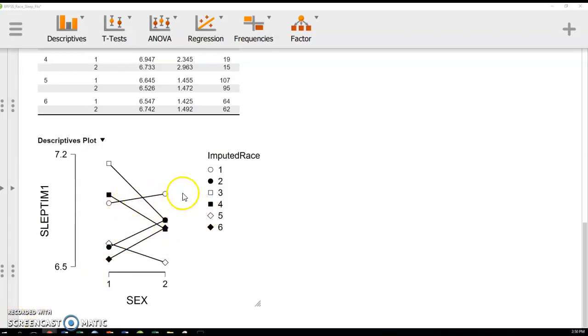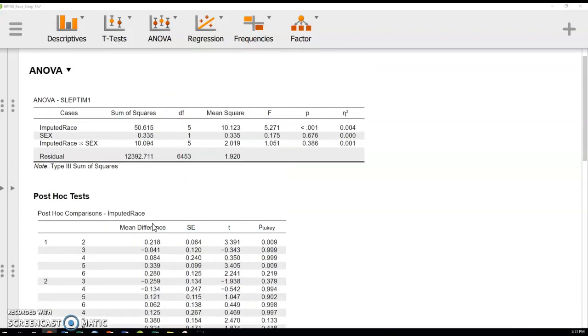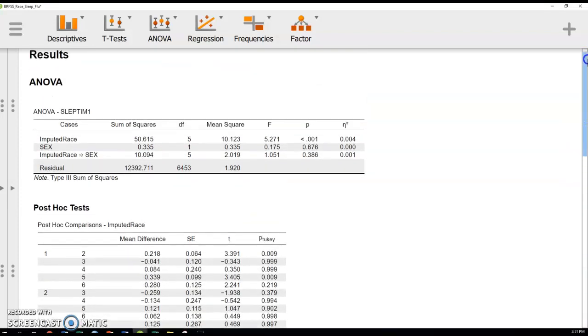I might also notice that for whites, it doesn't seem to matter too much if you're male or female. You get about the same amount of sleep, but for some of the other races, it really does matter, male or female. So overall, this is the 5th thing you need to do. An overall comment, I would say, is that it does look like there's some differences in sleep.